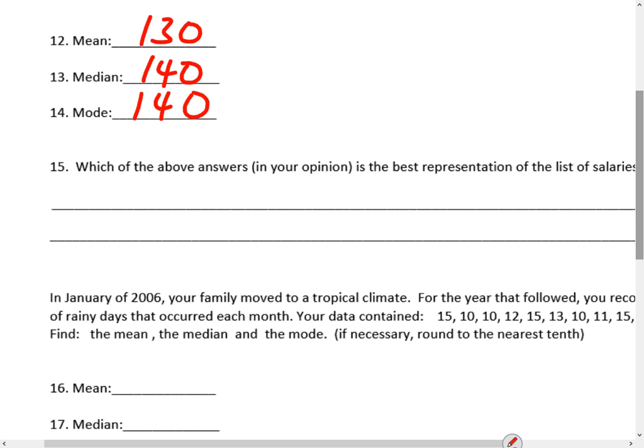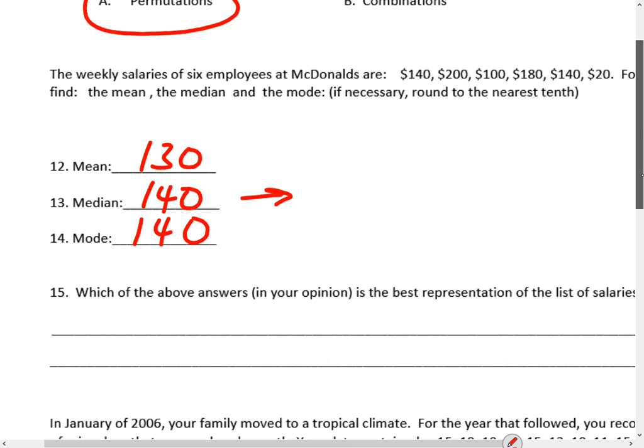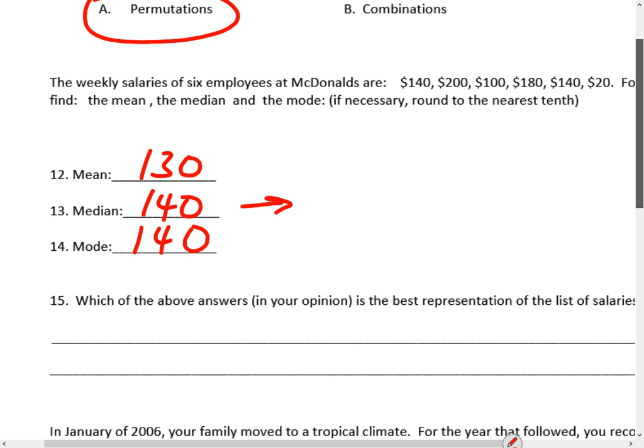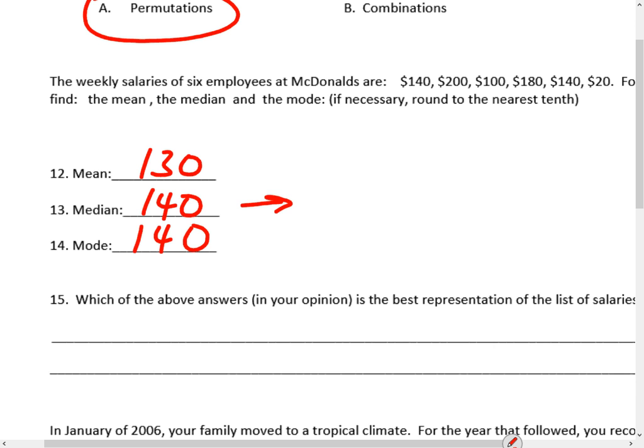How many people got this right? What did you write down? Median represents it the best because there's an obvious outlier. Some people chose the median, and what they said was that there was an outlier. What's the outlier here? 20? Now, it doesn't mean that they're necessarily right, but this is an opinion.